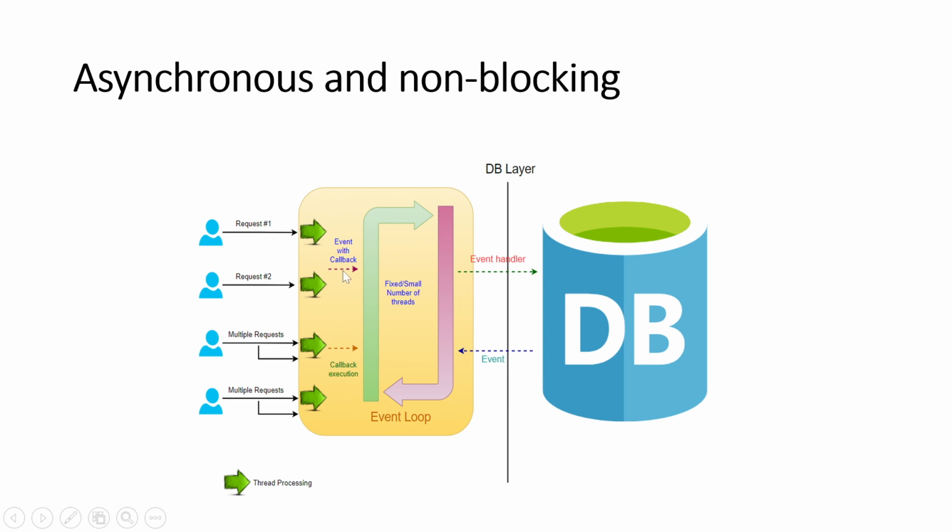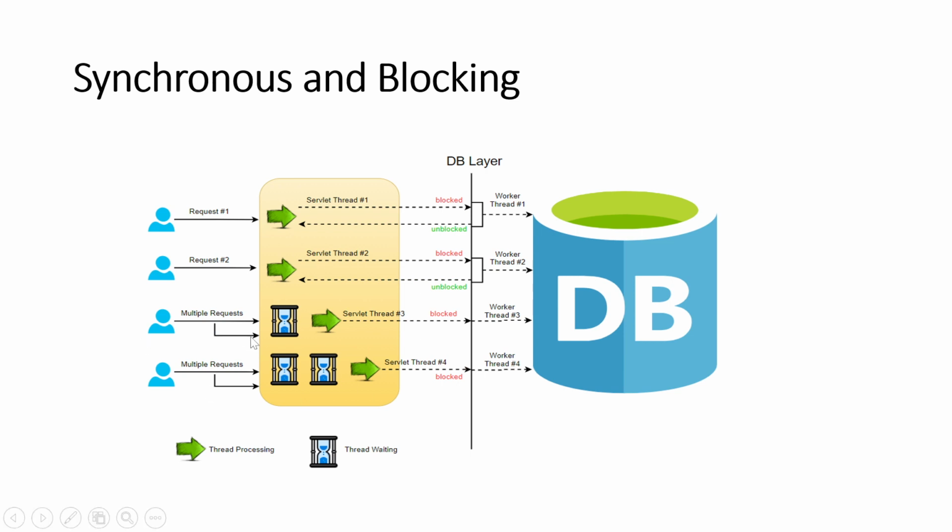Once a request is assigned to the event handler, and the event handler assigns it to a number of small threads, the event handler is released and assigned to the next request. The first request is processed in the background, and the event handler takes on a new request. In that case there is no delay or loading issue like in the previous diagram, where the loading issue is there due to thread allocation.